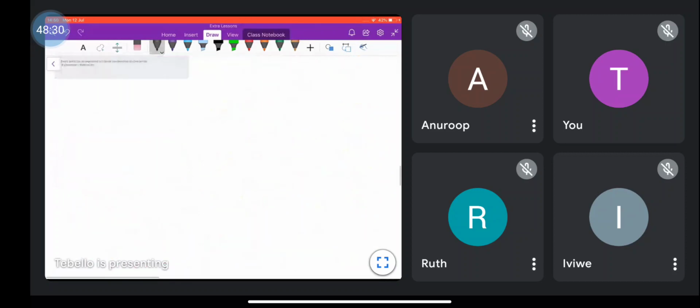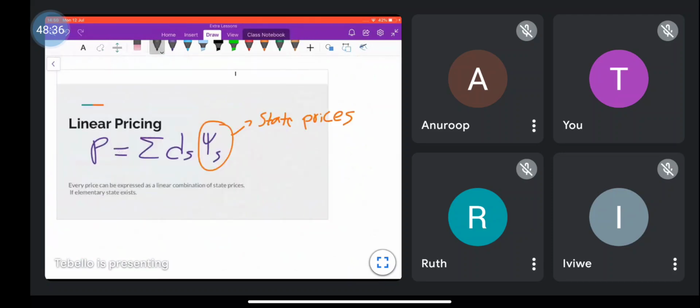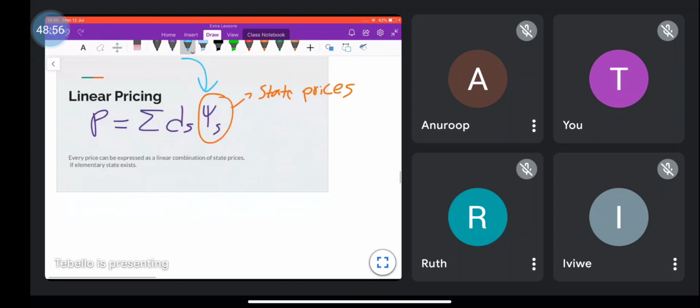So we can go back to our thing there. It says that every price can be expressed as a linear combination of the state pricing, right? Where does this function come from? Because every other equation that we do, we always show where it comes from. So it comes from up there.